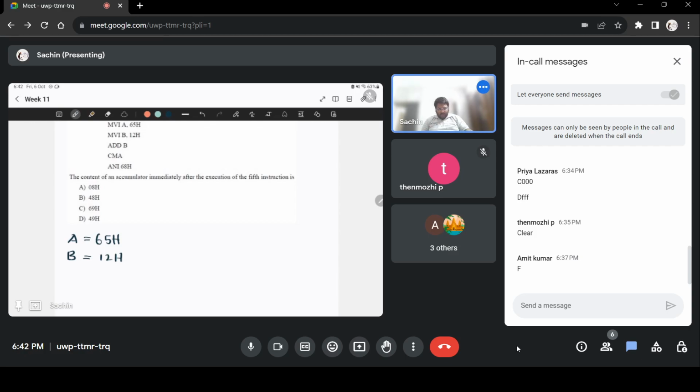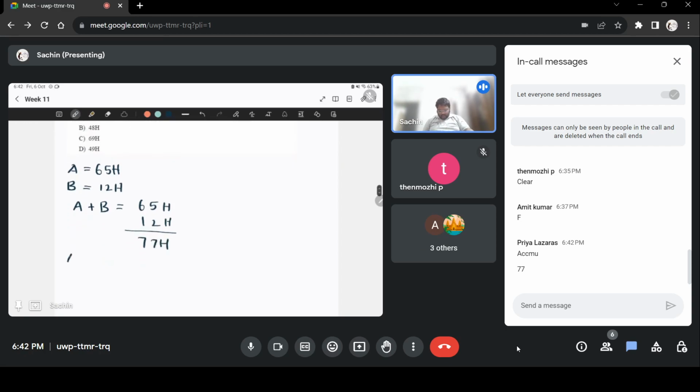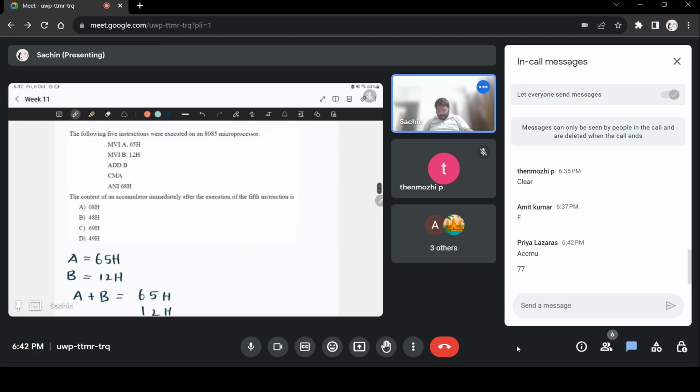You can't add one number. So the other number that you need to add is the contents of the accumulator. So you have to add A plus B and store it in A. What is A plus B? 65H plus 12H, that is 77H. And you have to store it in the accumulator, 77H.